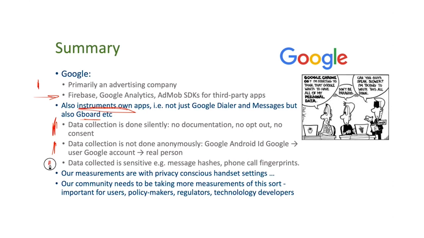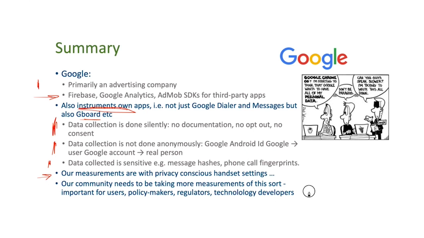The data collected isn't boring, it's sensitive. It's things like message hashes and phone call fingerprints and fine-grained app usage data, which can potentially be used to profile a user. And these measurements are all taken with privacy-conscious handset settings. So these are baseline measurements, and more data might be collected under more normal settings. Most users will have less privacy-conscious settings.